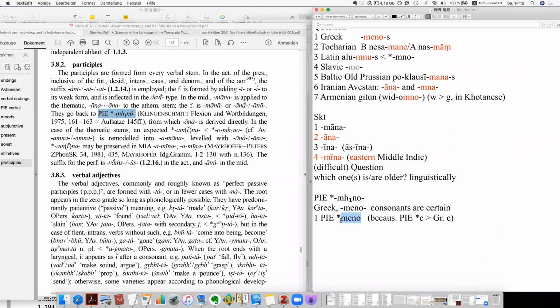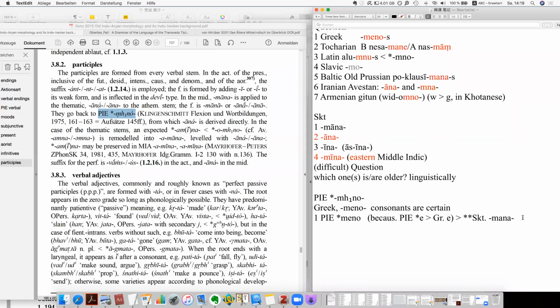No, it's not possible, because from meno, we cannot get māna, right? So if we have mh₁no, what should the Sanskrit form look like? It should be māna, right? And there's also nothing like mh₁no.